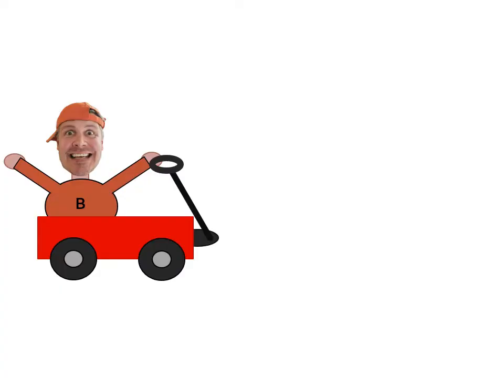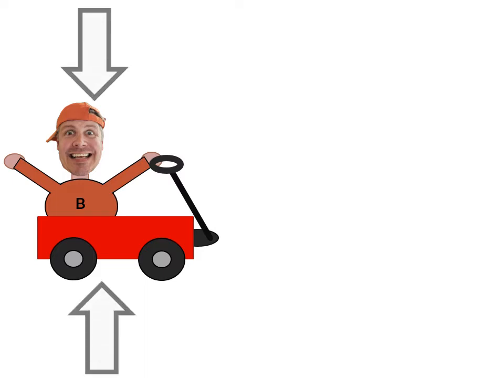And of course, with our worldly experience, we know that when we give someone a shove on a cart, eventually they will come to a stop because of something called friction. The force of gravity is pushing down, the ground's pushing back up, they cancel each other out.